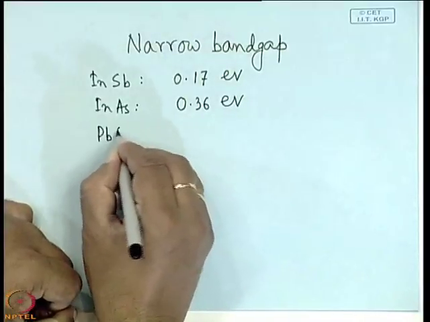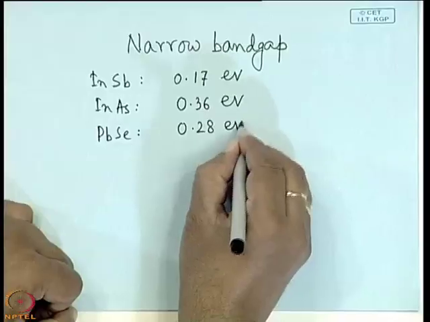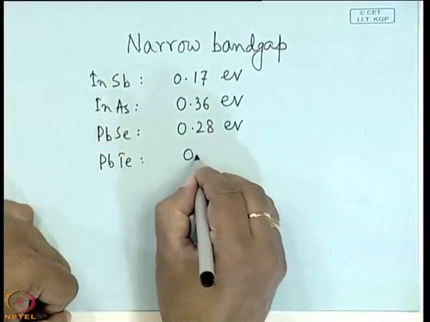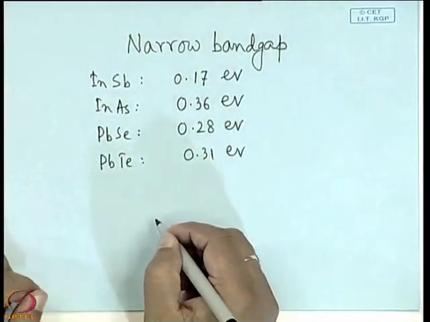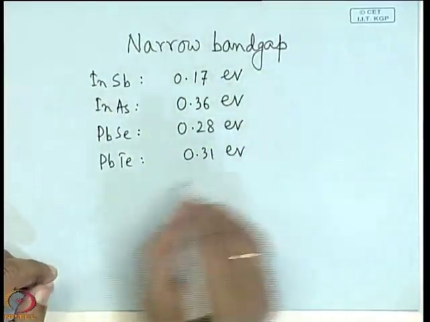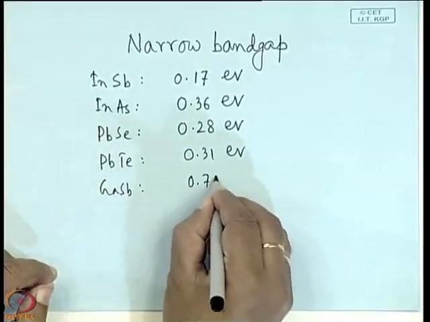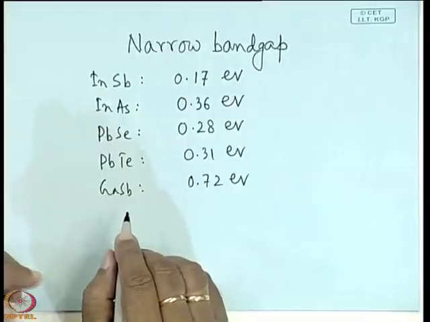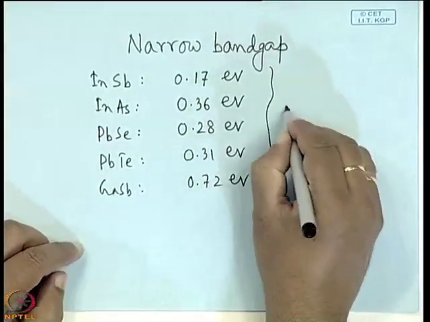Then lead selenide has 0.28 electron volt. Lead telluride has 0.31 electron volt, and so on. There are other materials also, like gallium antimonide, which is 0.72 electron volt. So, these are all narrow band gap materials, and almost all of them are direct in nature.